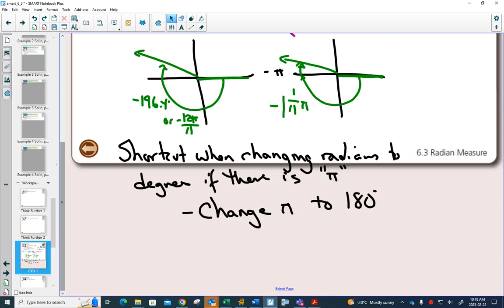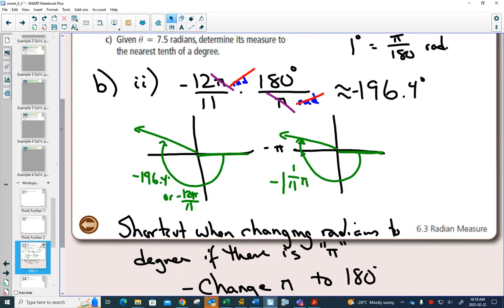If there is a pi, and there's not always a pi, so the shortcut doesn't always work, but if there's a pi, you can just change the pi to 180. So if we look at the example we just did, we had negative 12 pi over 11.